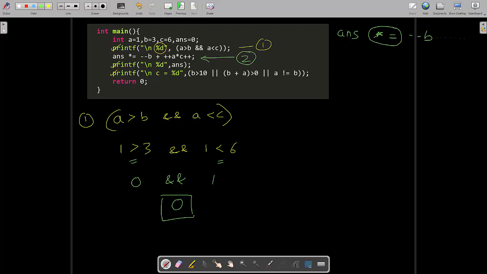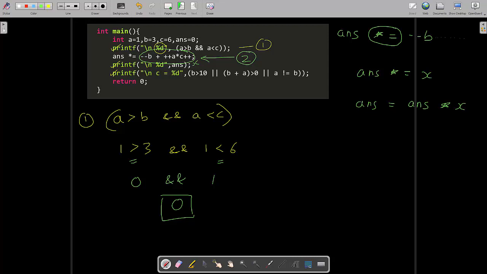What this assignment operator does is, let's suppose this evaluates to some value x. So let us replace it by x.